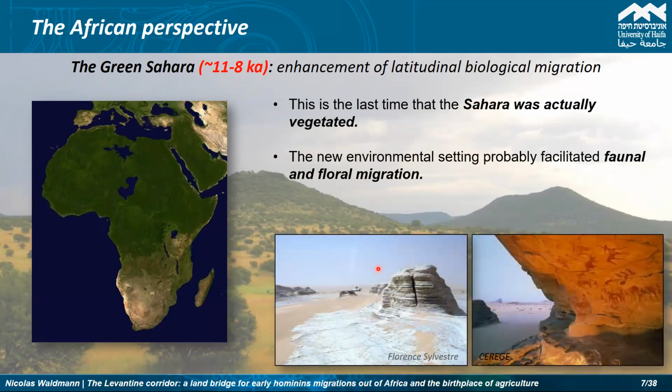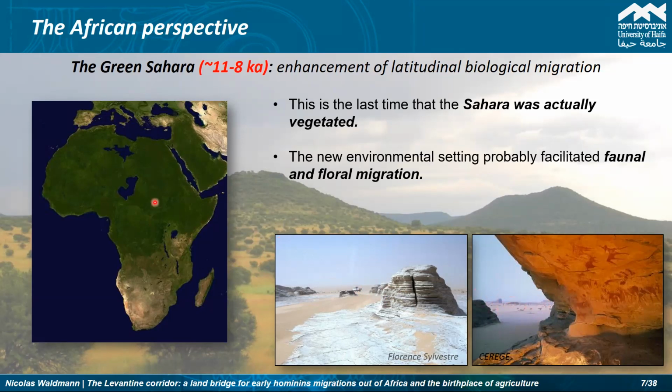We have plenty of evidence for that, starting with Lake Mega Chad that I mentioned, sediments purely diatomaceous of a freshwater lake, currently in an extremely arid environment, as you can see here in northern Chad. And there are paintings of that period showing animals and flora and fauna which obviously don't exist in such an environment.